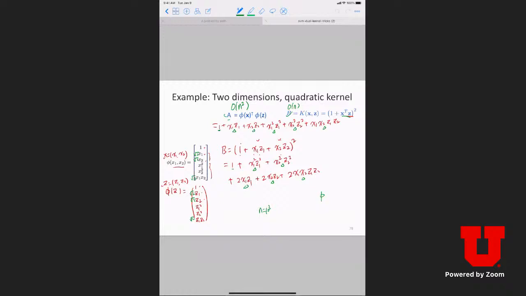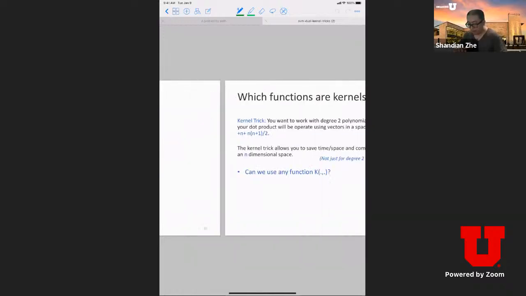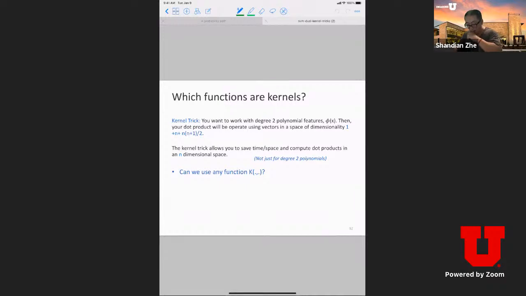Okay. So now let us talk about the properties of kernels. A natural question is, as long as we can compute a bivariate function k of x and z, can we make it equal to some feature mapping followed by an inner product? The answer is no. We cannot ensure every function is a valid kernel function.